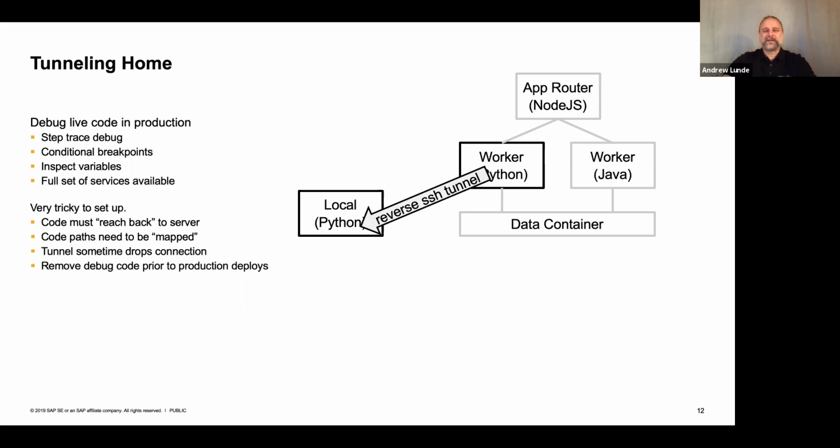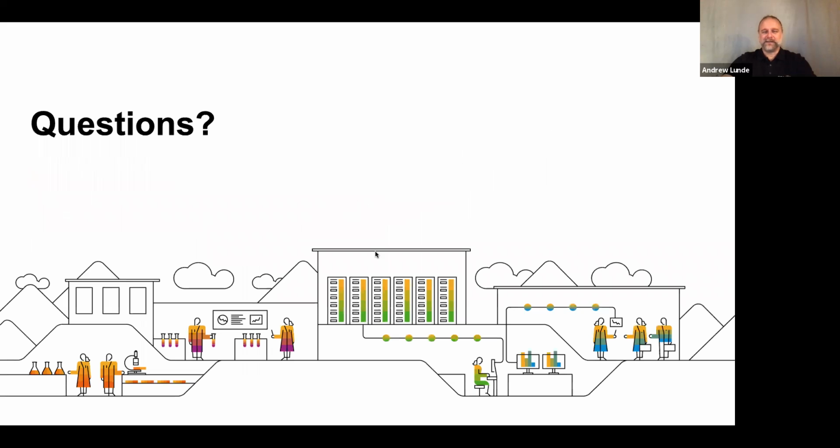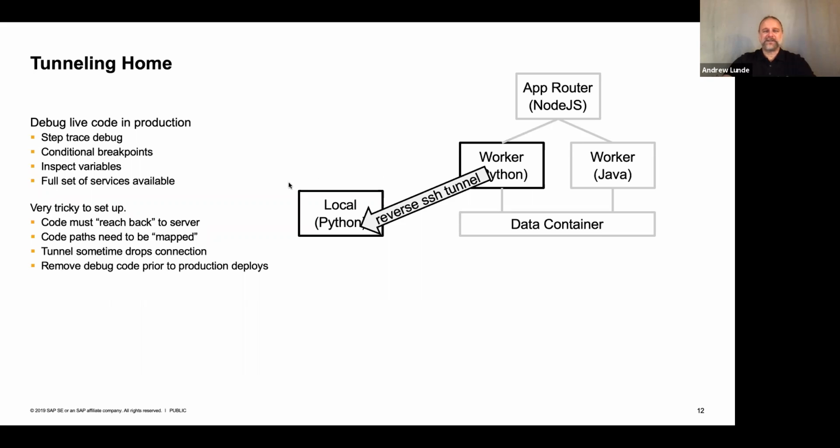This allows, since the direction of the connection is from the cloud to your local machine, it doesn't know where your local machine is. In fact, you're probably behind network address translation on your local network. You might have firewalls in the way. Your local machine doesn't have its own IP address. So there's no way for that module running in the cloud to know how to get to your machine.